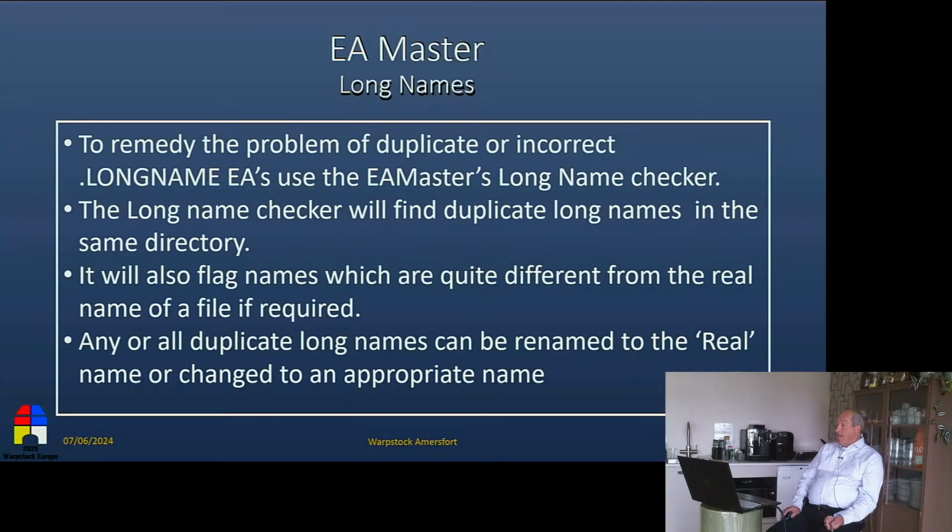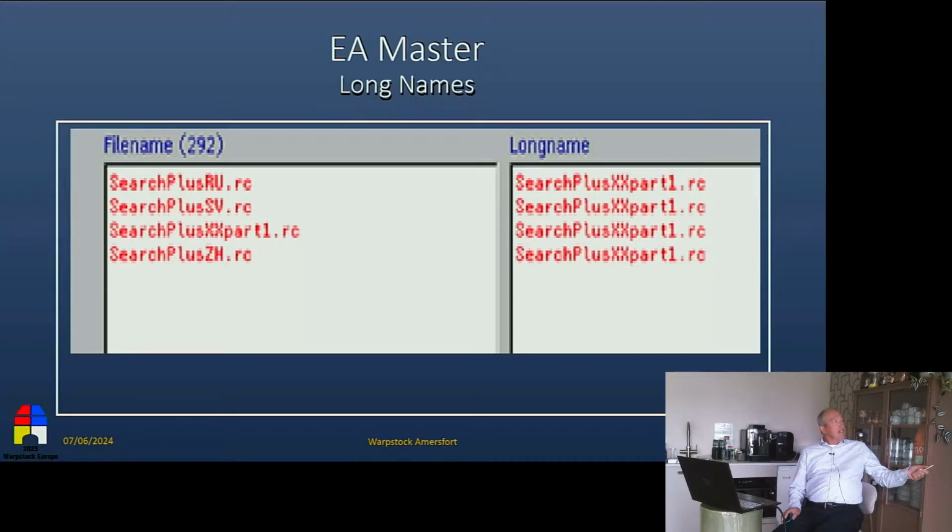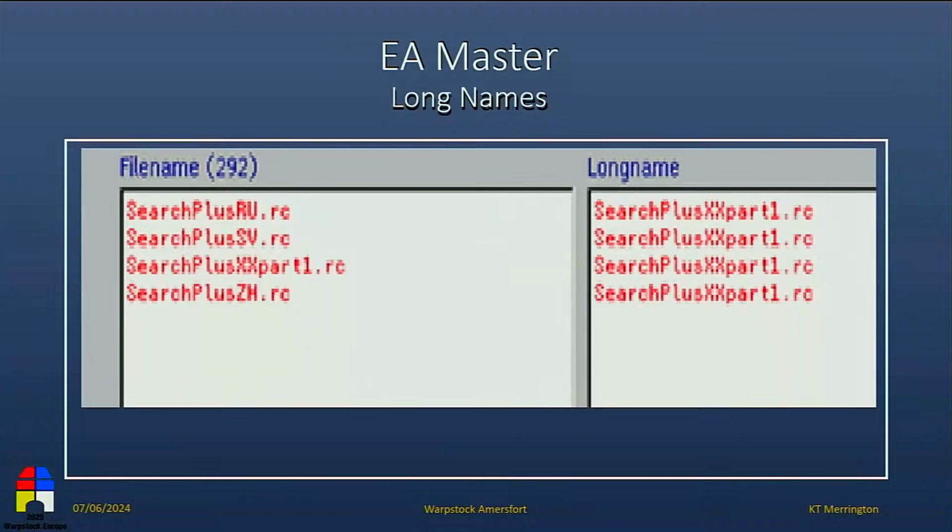Any or all duplicate file names you can rename to the real name if you want. Here, this is a part. You may not be able to see this, but on the next sheet it's a little bit better. What you see is completely different names here, but they all have the same long file name here. And if you're programming and looking at long file names, what often happens is you can screw yourself up nicely.